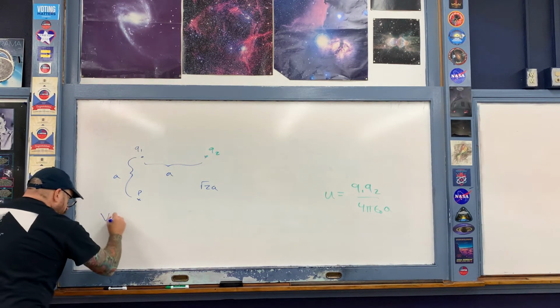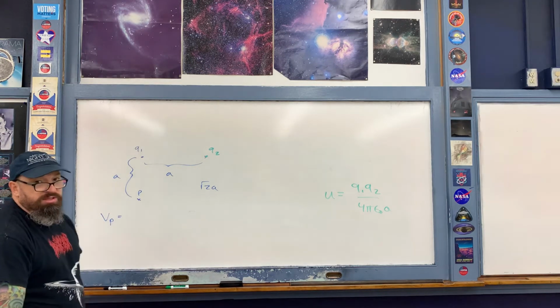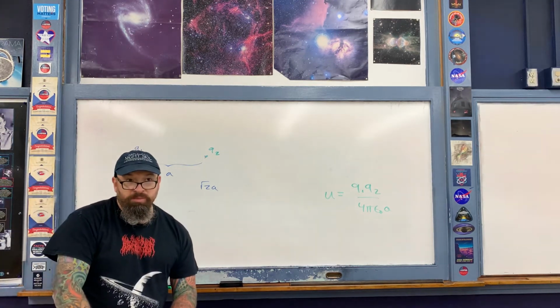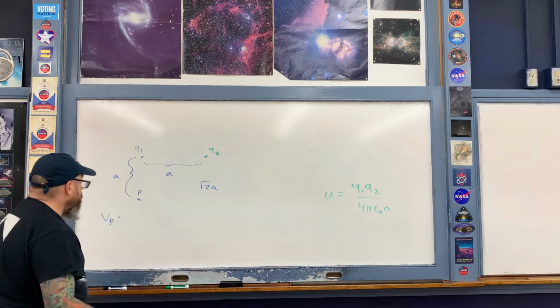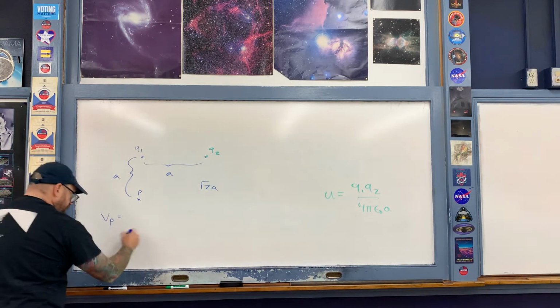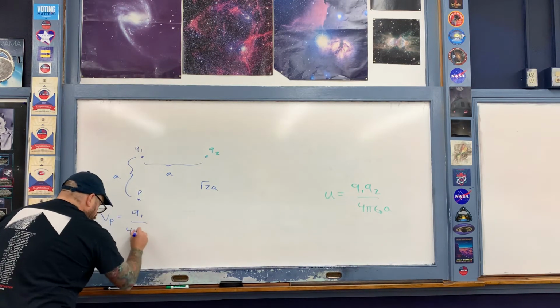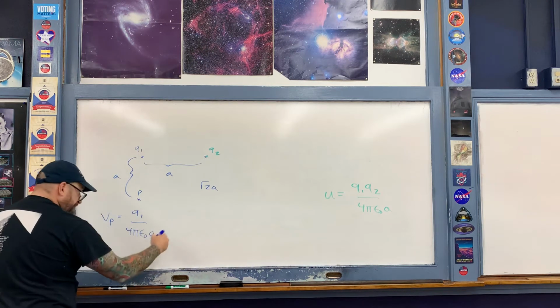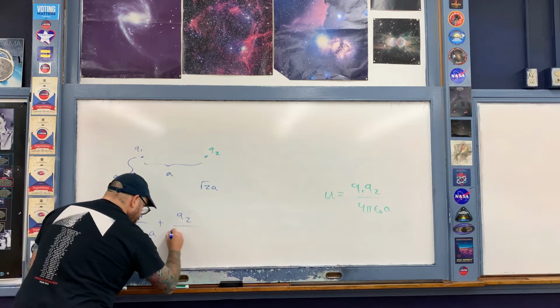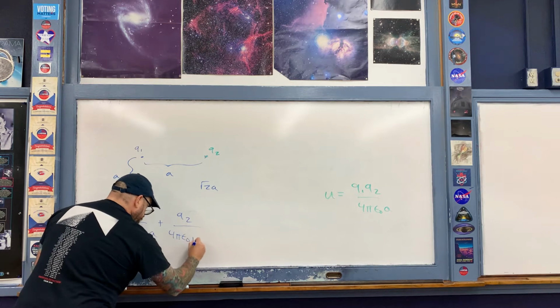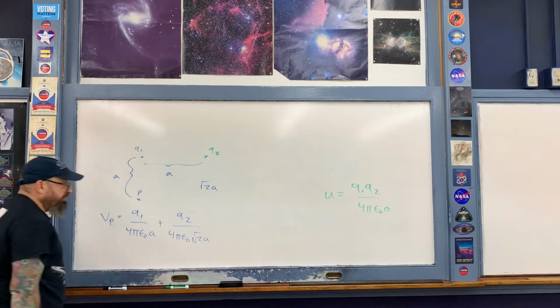This is where we use our series of point charge calculations. We basically just add the expressions together. So first of all, for Q1, a distance A away, Q1 over 4 pi epsilon naught times A, plus Q2, which is a distance of root 2 times A from point P in space.